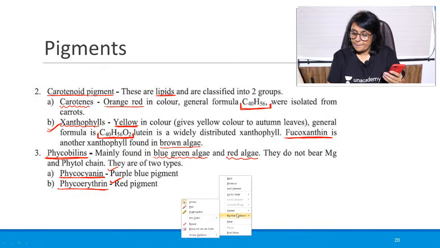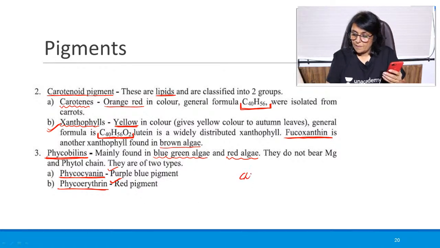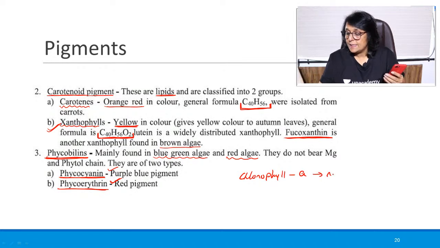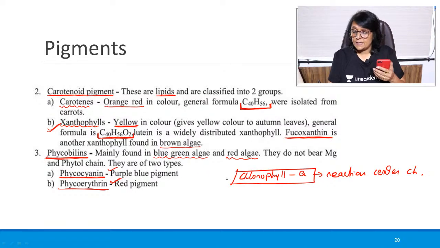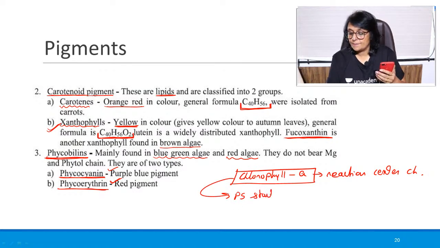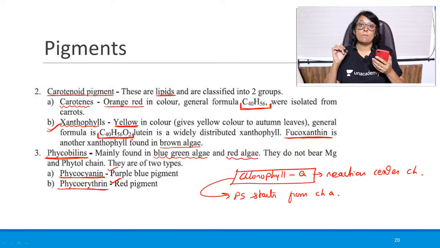Chlorophyll A is known as the reaction center chlorophyll. That means the photosynthetic reaction starts from chlorophyll A, and that is why our main focus is chlorophyll.